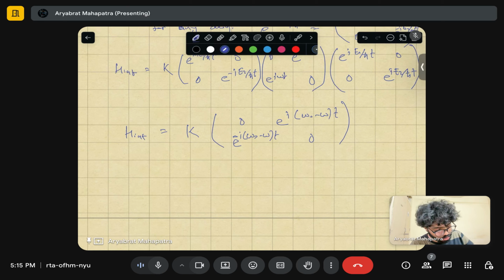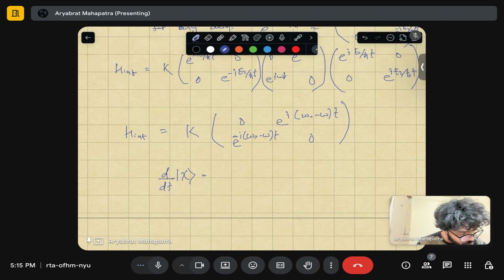Now, using this H int, we have to find out what is chi. So chi is your solution. I can write down one more step which was there.